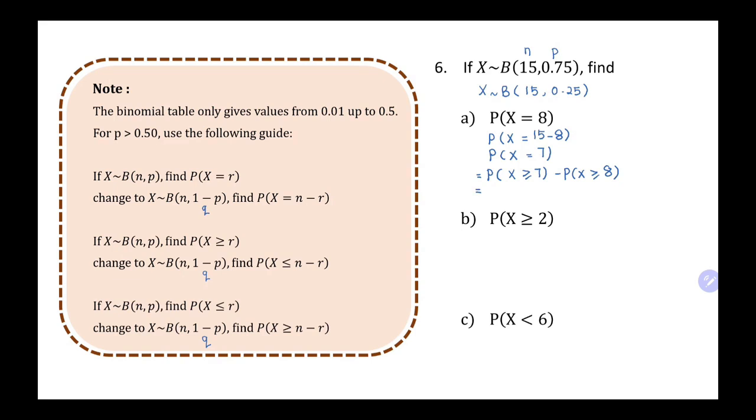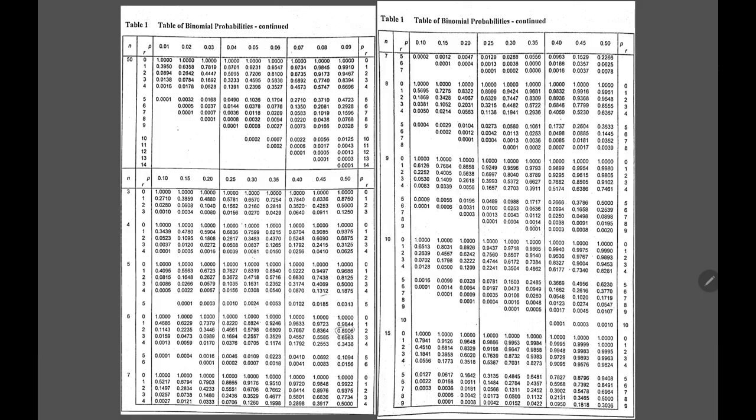N equals to 15 and P equals to 0.25. Kita gunakan yang baru yang kita dah tukar ni. So N kita 15 dan P kita 0.25. Then R 7 and 8. So we look N equals to 15, P 0.25, this column. And R equals to 7, 0.0566.